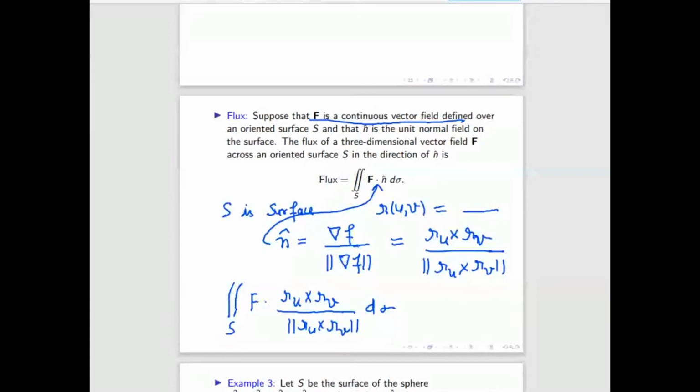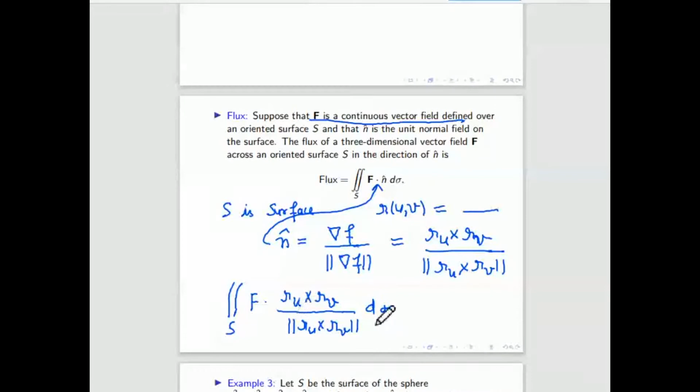F is a vector, and Ru cross Rv is a normal vector. The norm is anyway a number. If you take the dot product of two vectors, it gives a scalar. So it is a scalar.